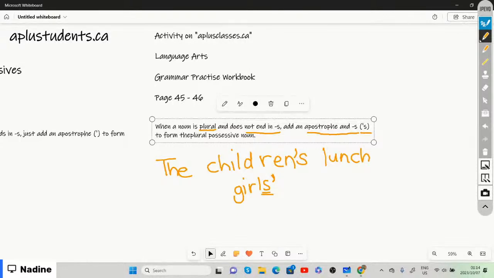So you need to add either an apostrophe and an S, or just an apostrophe at the end of that word to show that it is a possessive noun. If there is no apostrophe, we just assume that it is a plural noun, referring to more than one person, animal, place, or thing.